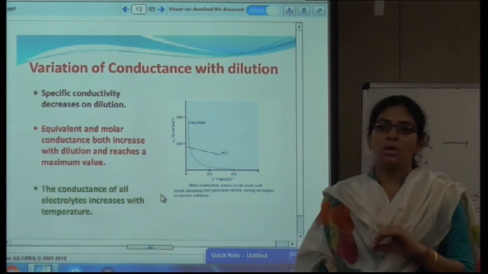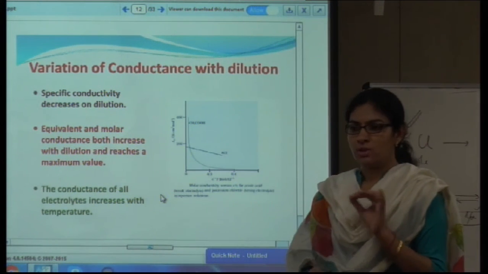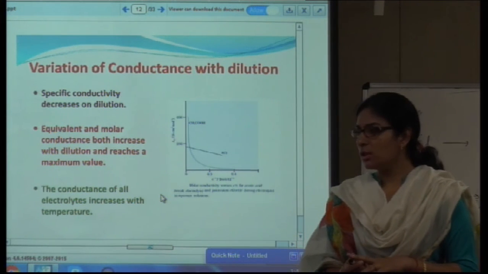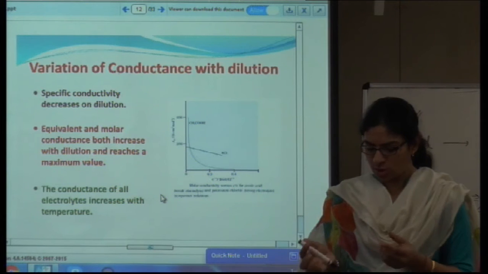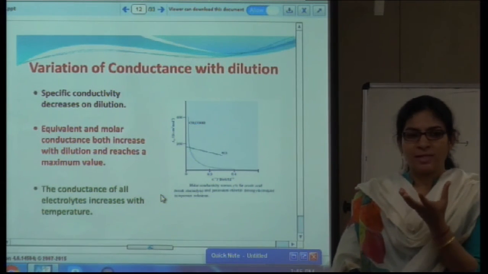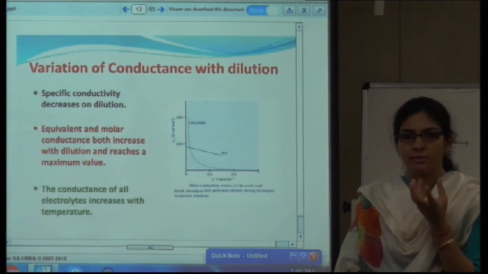Whereas the specific conductance of a solution decreases with dilution. How do we say that? It is because in specific conductance you have a specific volume, not a specific amount of electrolyte.